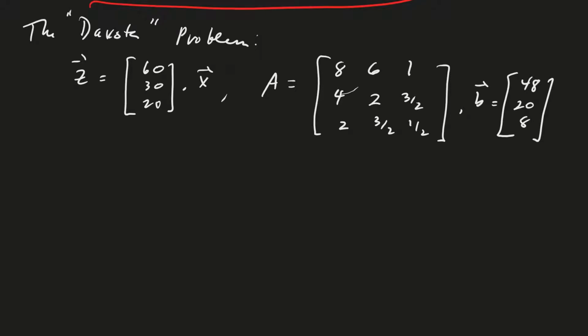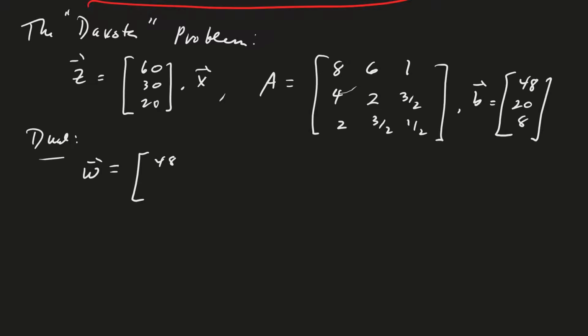Okay. Before we go further, let's talk about the dual. For the dual, we're going to be taking w equal to b transpose times y, so that's going to be our 48, 20, 8. Wait a minute, is that a 48 or a 45? That is a 48.